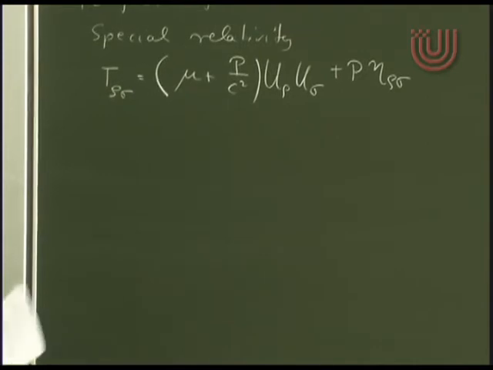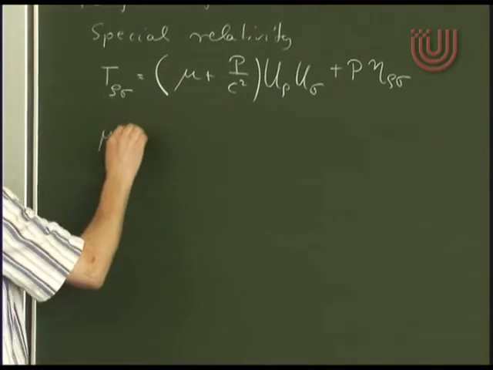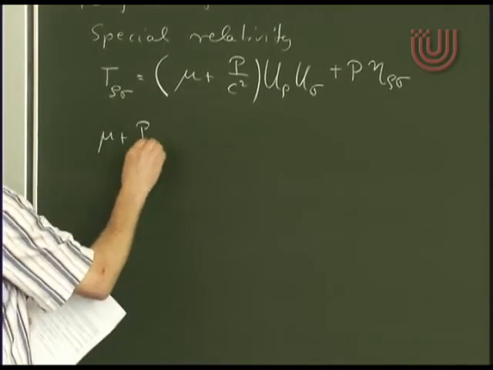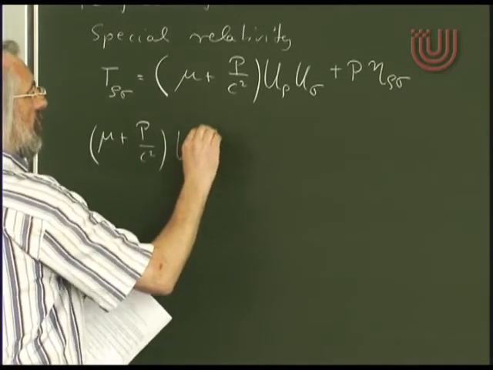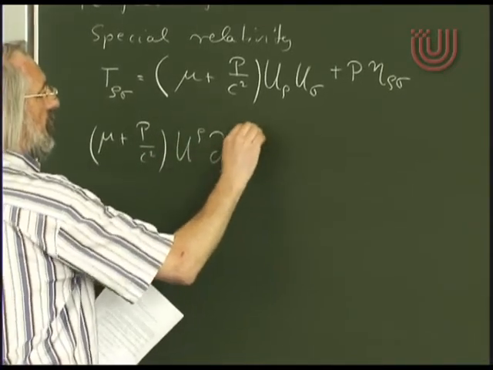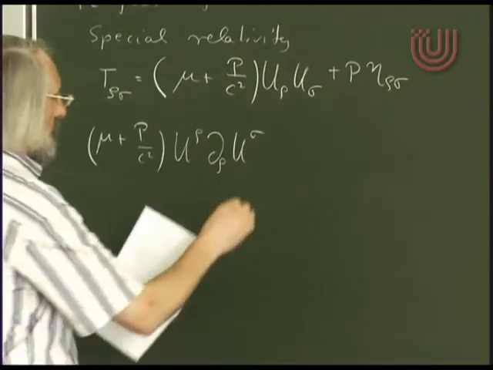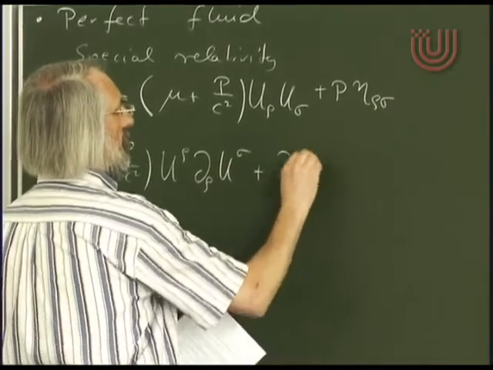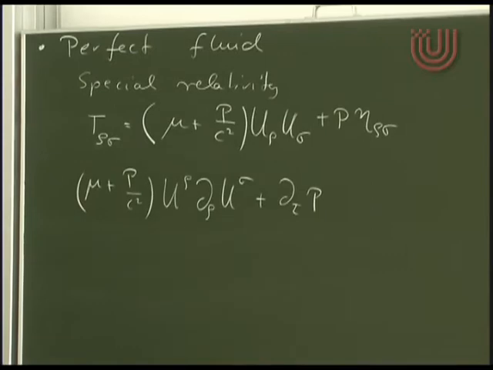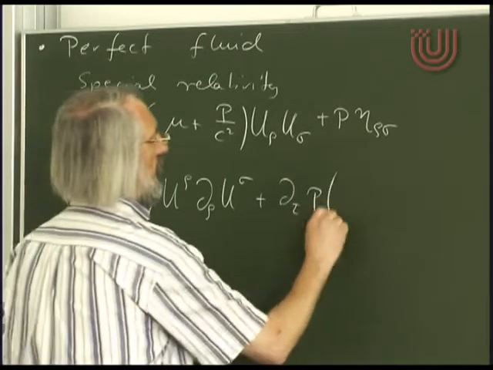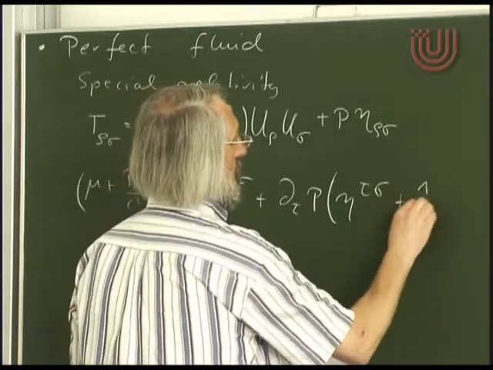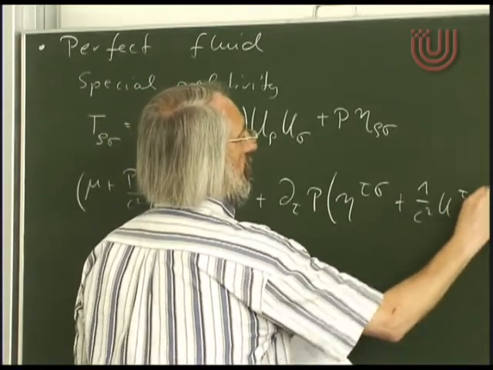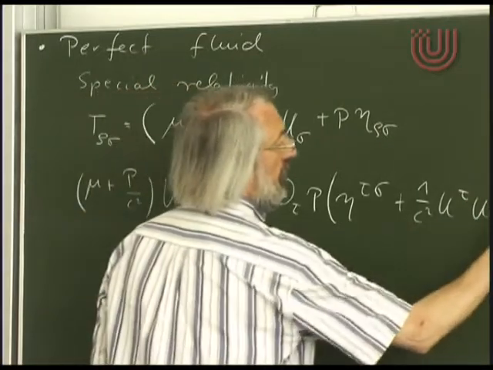And then we derived on one of the worksheets the Euler equations, the equations of motion, which were (mu plus p over c squared) u rho partial rho u sigma plus partial tau p, the derivative of the pressure, times (eta tau sigma plus 1 over c squared u tau u sigma), and this is 0.